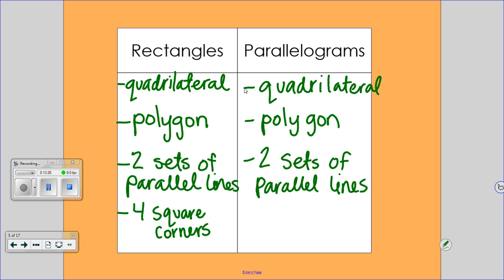I could describe it as a polygon, just like I could describe you as a person. I could describe it as a quadrilateral, that's a little more specific. I could describe you as a Dixon student. I can describe it as a parallelogram, just like I can get a little more specific and say, you are a 3rd grader.